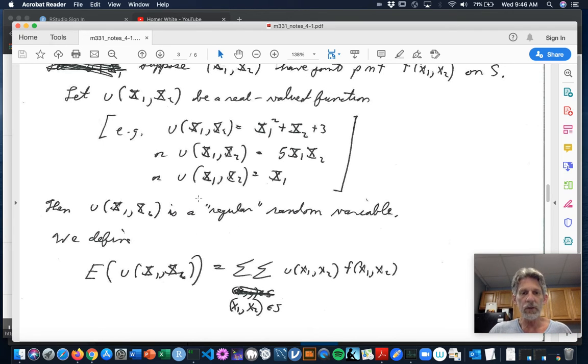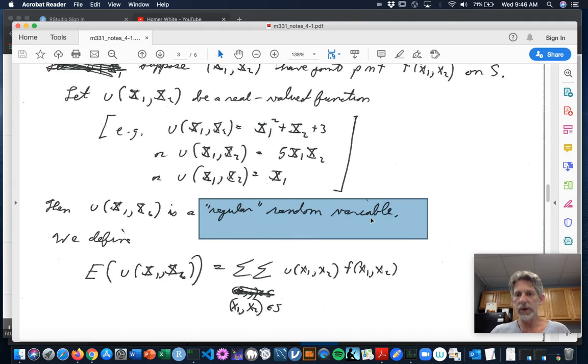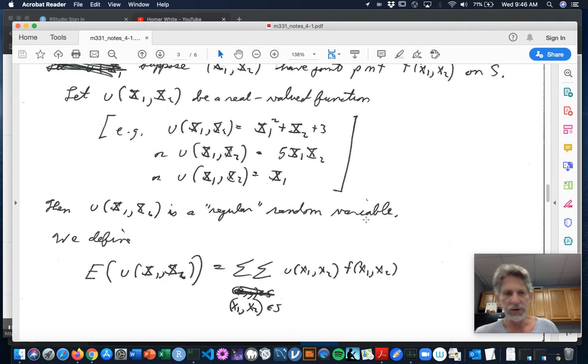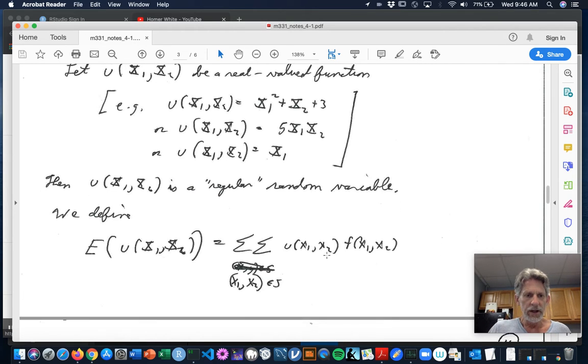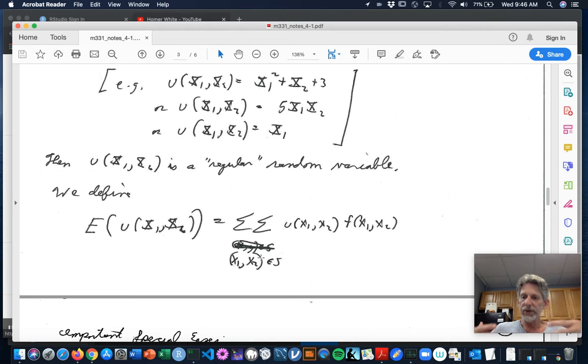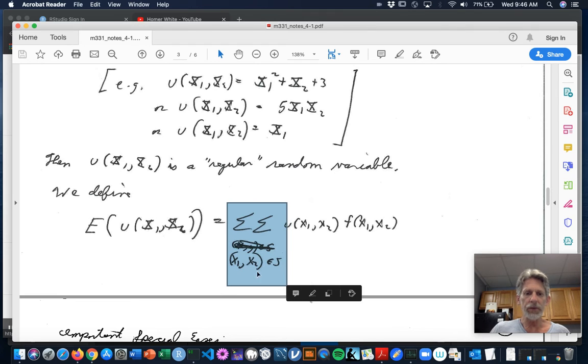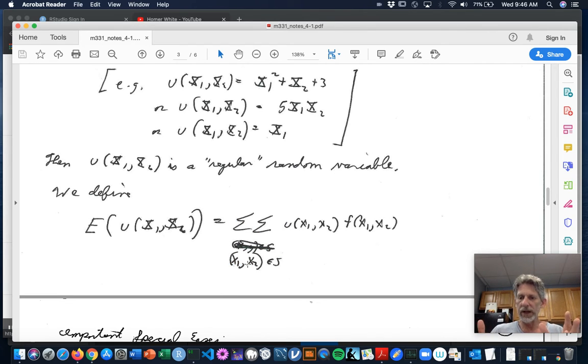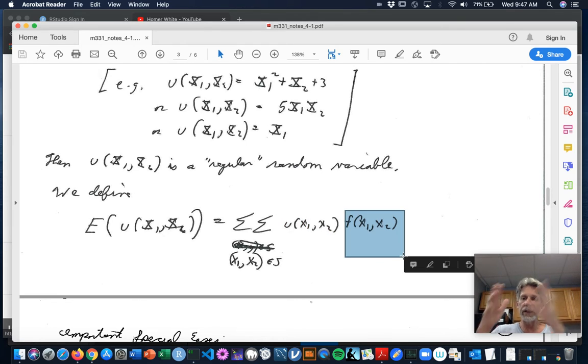So it's a regular random variable, like we defined at the very beginning of our work with random variables in chapter 2. So the definition for expected value of u of x1, x2 should be exactly as before. It should be the sum over all the possible values of the x1, x2 of u of that value times the chance of getting that particular ordered pair.